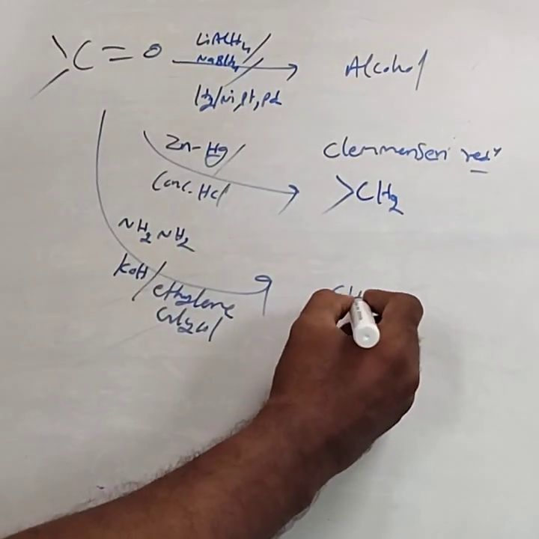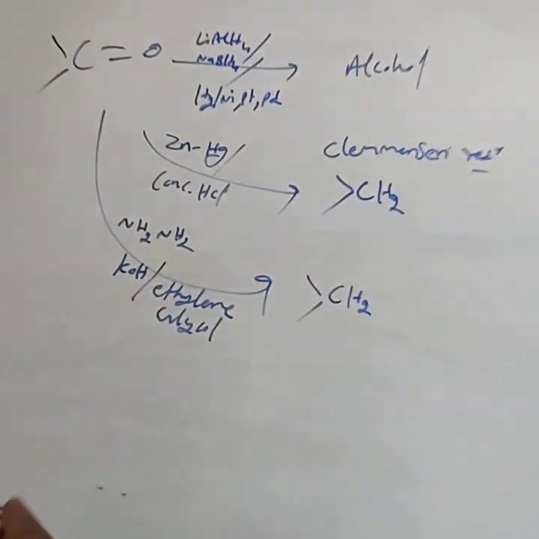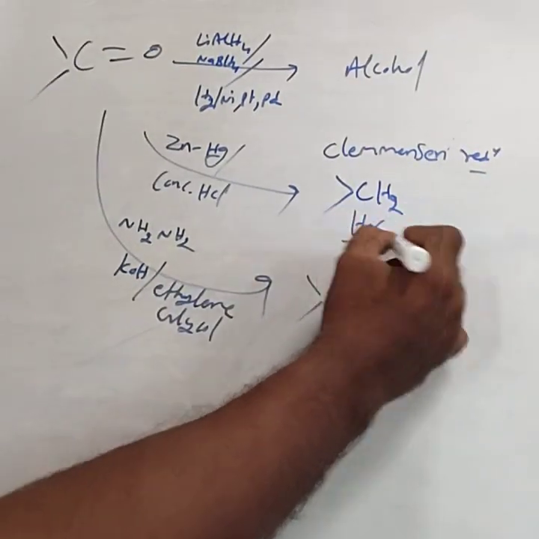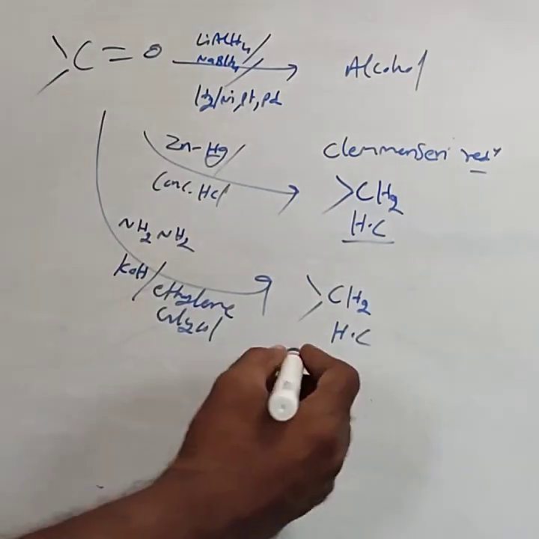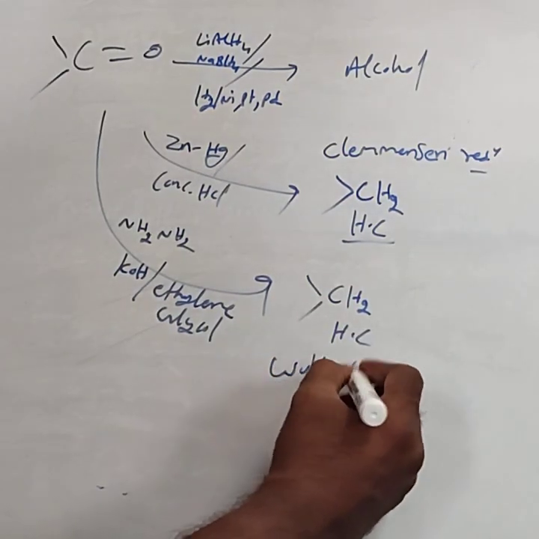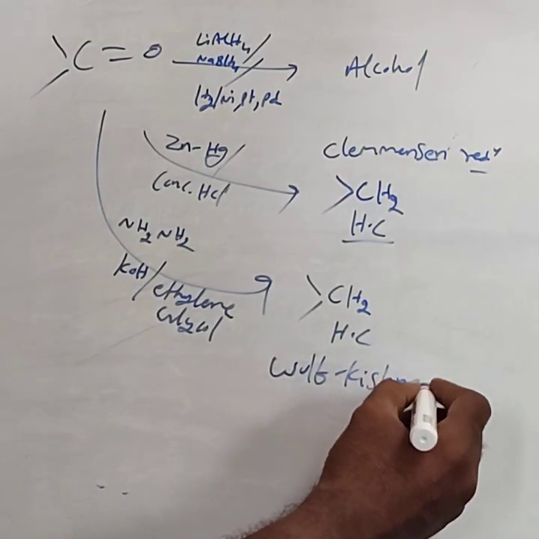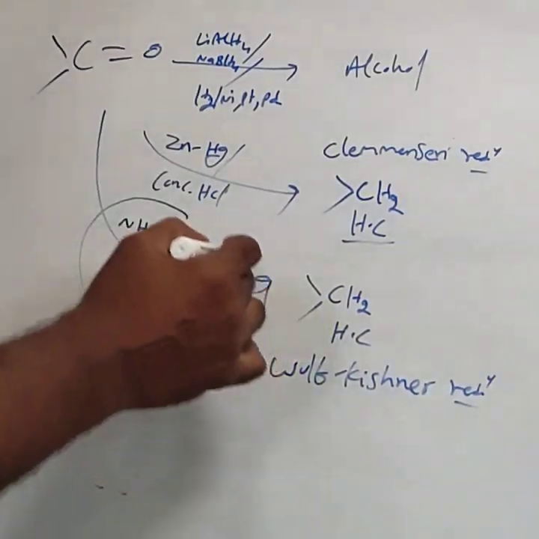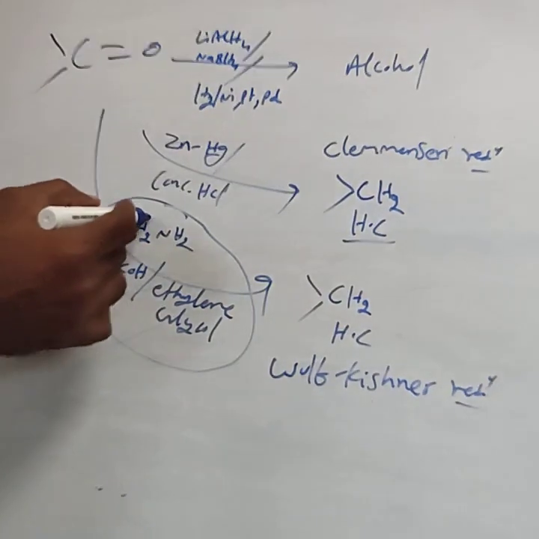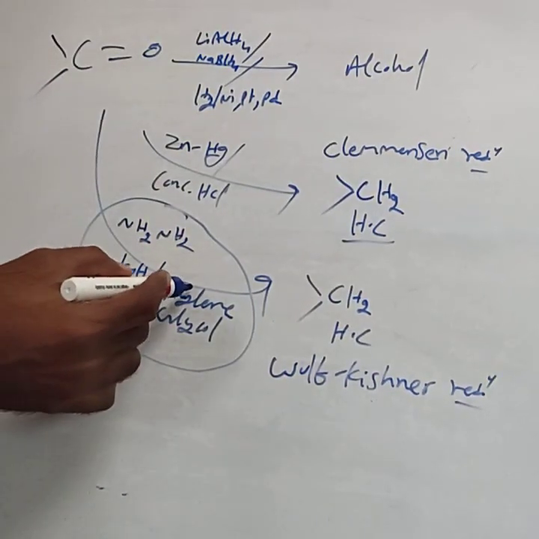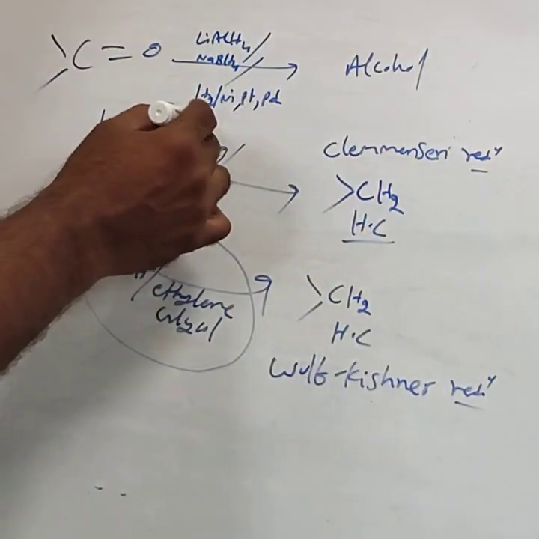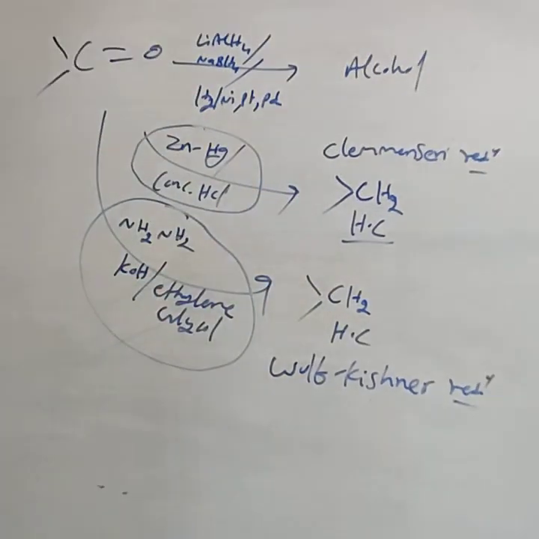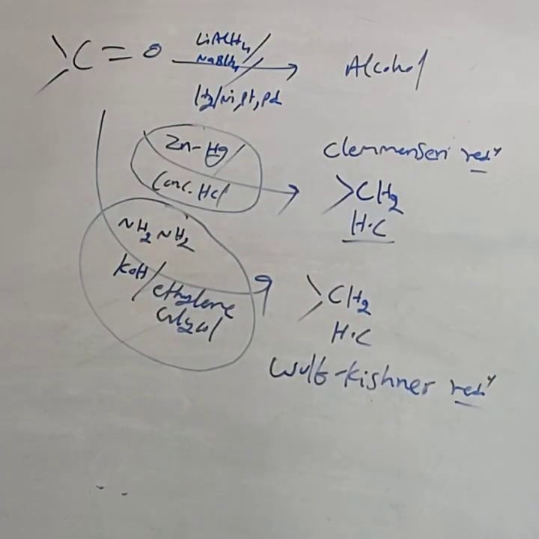Again that gets converted into CH2, a hydrocarbon. This reaction is called Wolff-Kishner reduction. These reagents are very important. In Wolff-Kishner reduction, hydrazine followed by KOH and ethylene glycol. In Clemmensen's reduction, zinc amalgam in concentrated HCl. This is about the reduction process. In the next class, we can study about the oxidation.